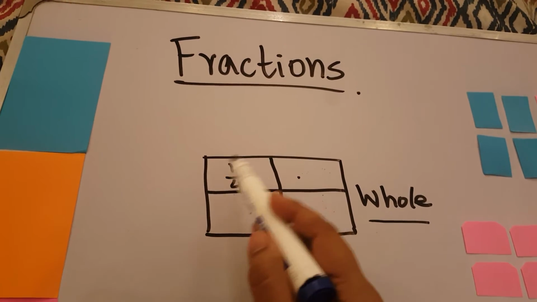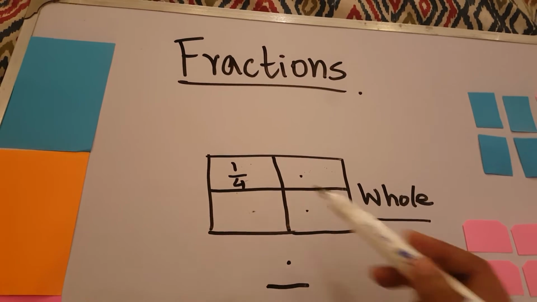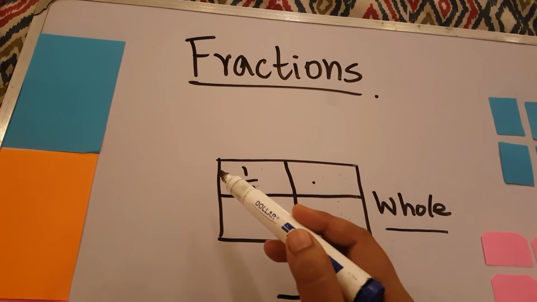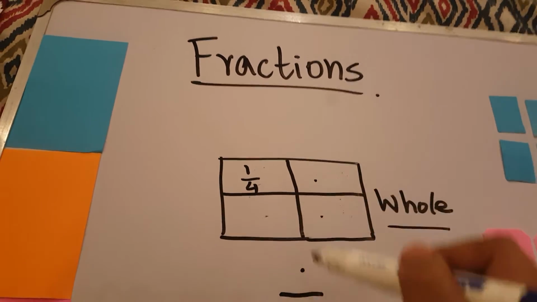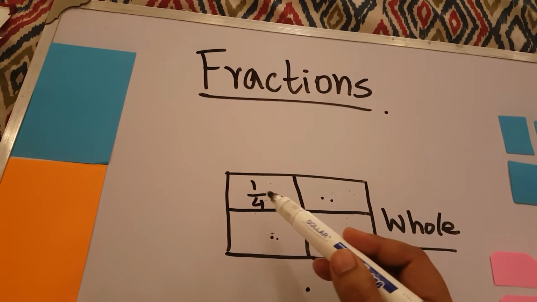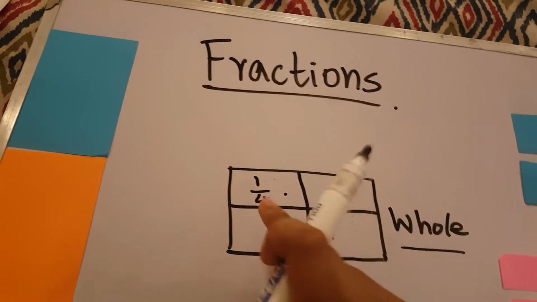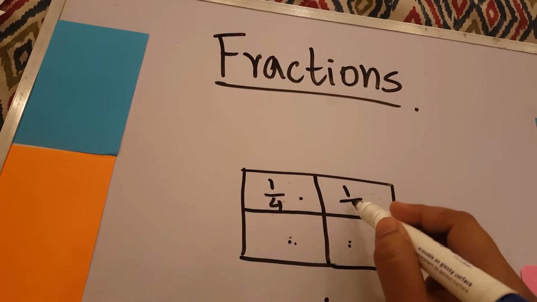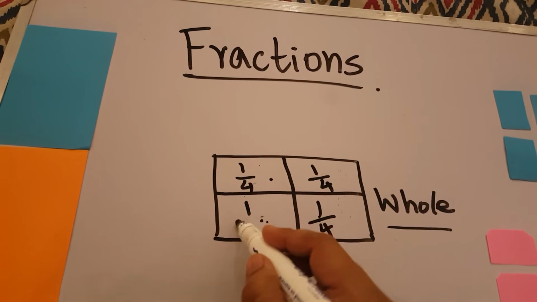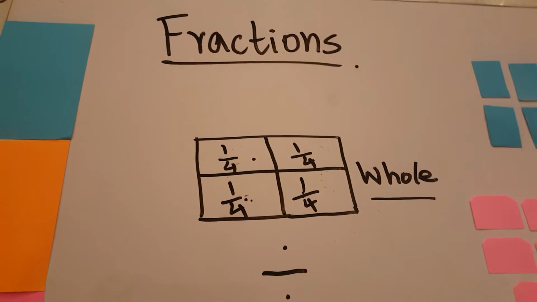This one part represents one part of this whole shape divided into four equal parts. And how many shapes are there further drawn into this shape? Four further shapes have been drawn inside. That is why each part represents one of these four equal parts. So each of these can be referred to as 1 over 4, 1 over 4 of this whole shape.